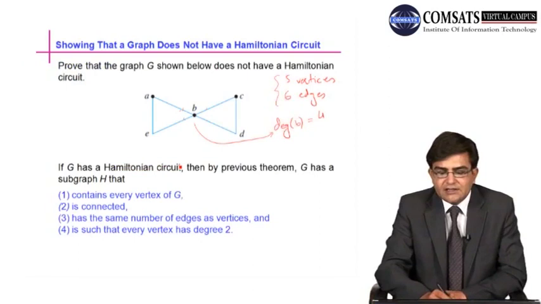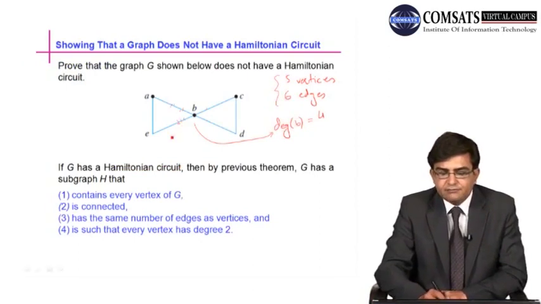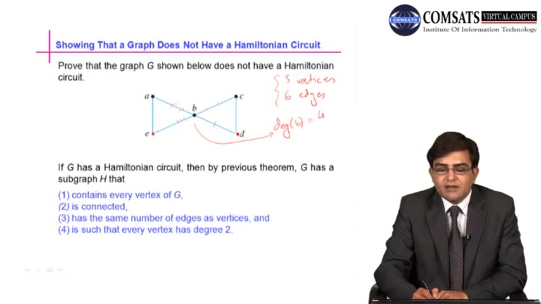If we remove this edge and this edge, the subgraph will not be connected, and also the degree of A becomes 1, degree of E becomes also 1. So we cannot remove this edge or this edge. If we remove this edge, degree of C becomes 1. If we remove this edge, degree of D becomes 1.